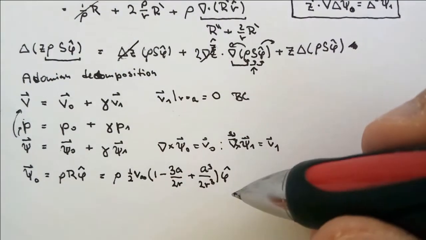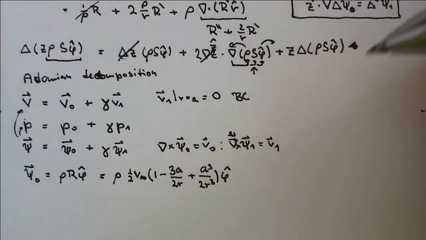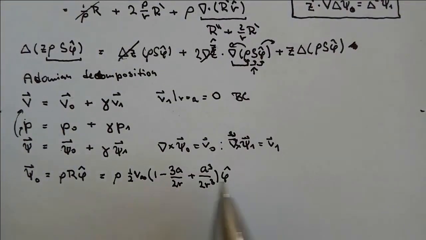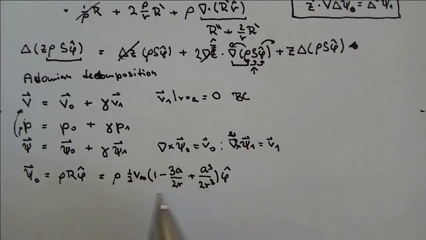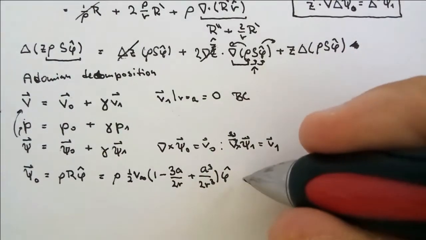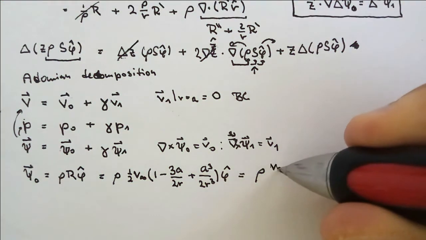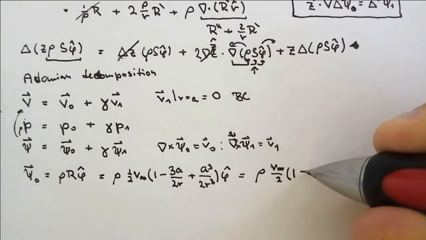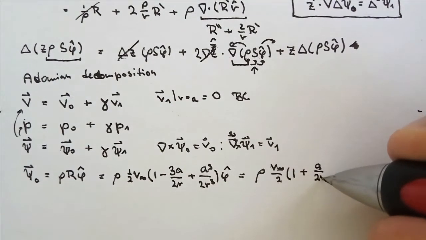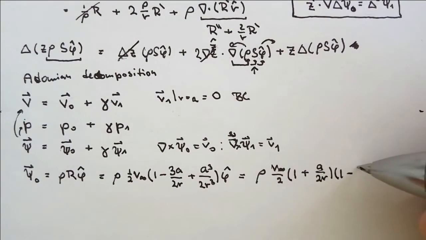And also I didn't mention that this can be simplified, because this is 0, and also its derivative is 0, so that means this is going to be decomposed in the multiplication of 1 minus a over r squared times something, and it turns out that this is going to be rho v infinity over 2, and there is 1 plus a over 2r times 1 minus this.